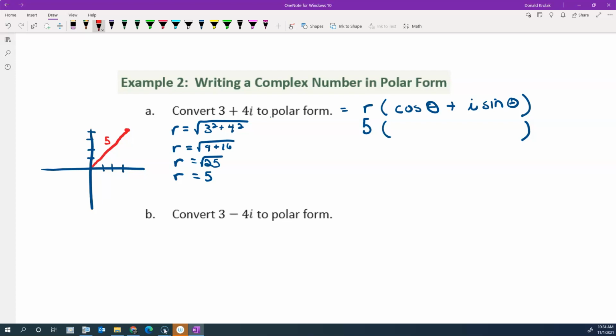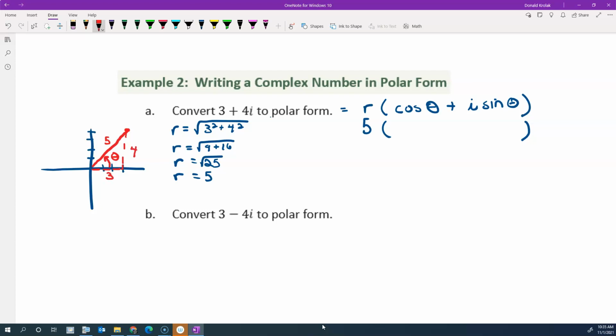Now I want to get this angle. We know this is, let's say, 4, and we know that's 3.